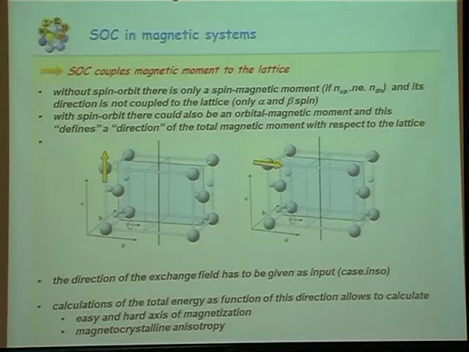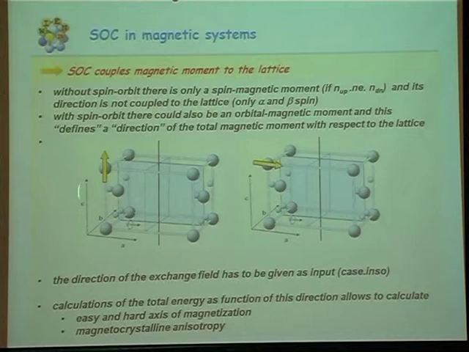Now, an orbital moment means the definition of an Lz, for instance, and this Lz can be connected with your lattice. Only when you have this connection can you say my magnetic moment may point in the z direction, or in the 1-1-1 direction, or in some other crystalline direction. So only with spin-orbit coupling does the total magnetic moment have a defined direction with respect to the lattice.